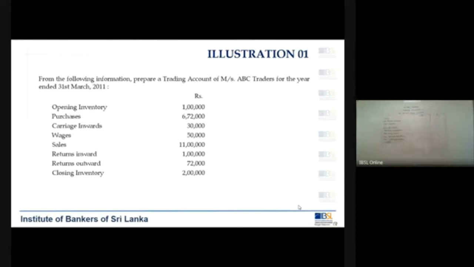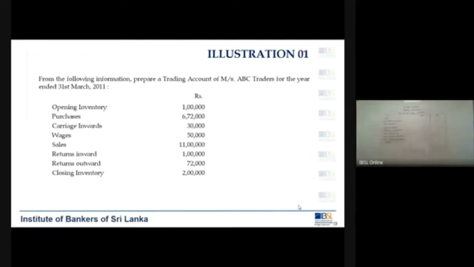Then you have sales. Okay. Then return inwards. What do you mean by return inwards? What is return inwards? We have already learned.